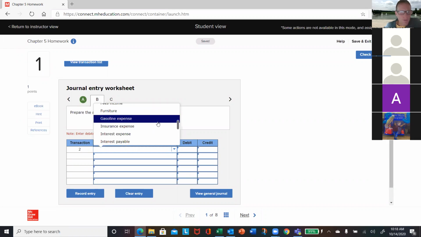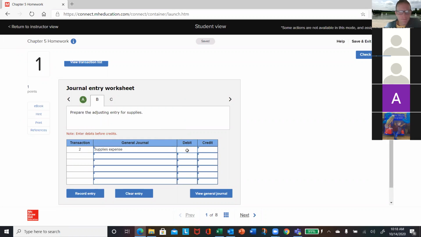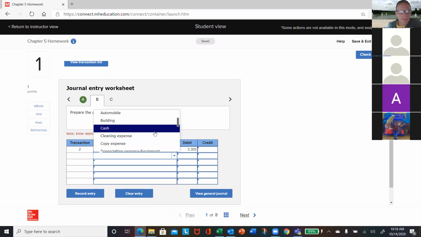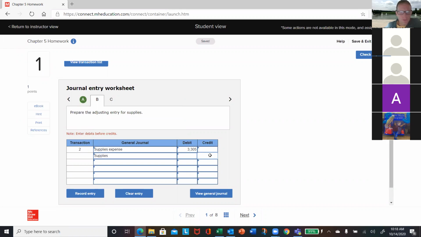I'm looking for supplies expense, which is right there. You would debit it, and then credit supplies, which is right next to it. There's the credit, and then don't forget to hit record entry.